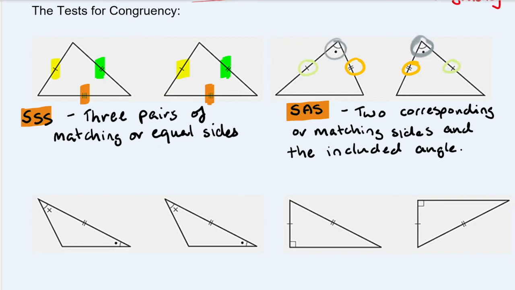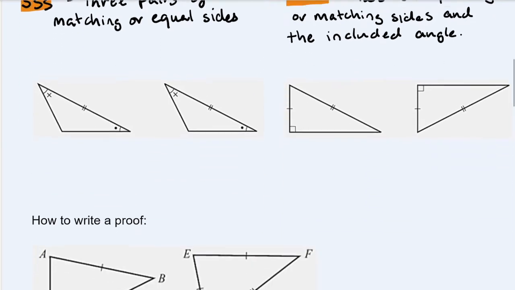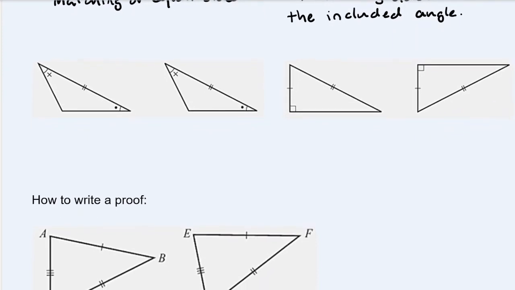So that's SSS and SAS. Next ones. Our third one there is AAS.